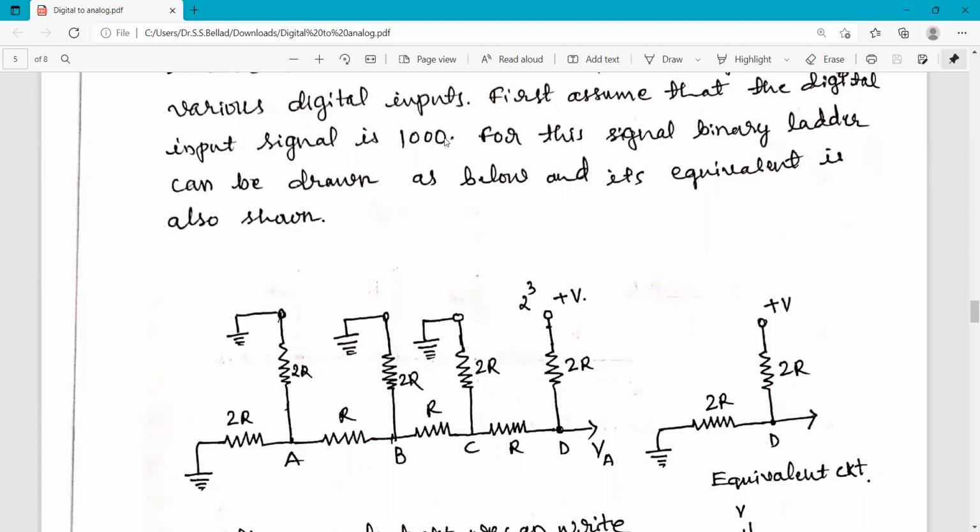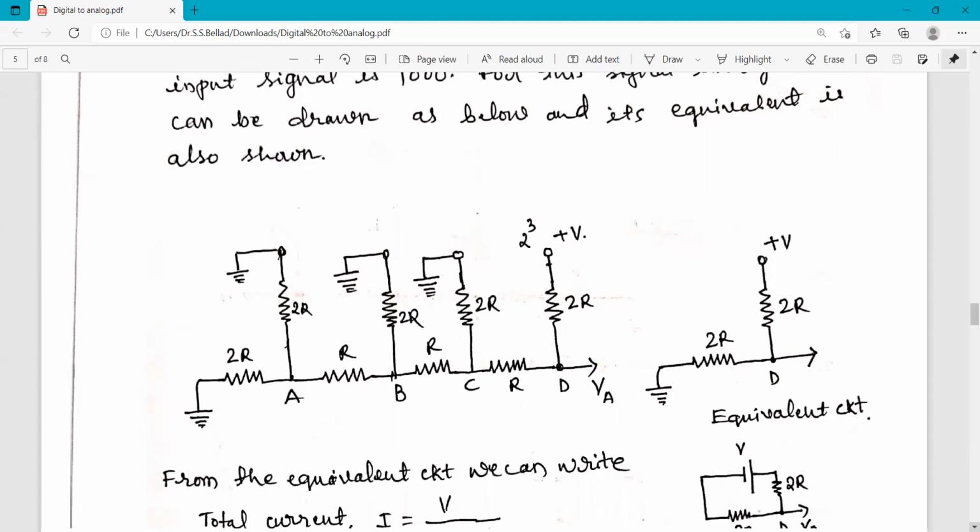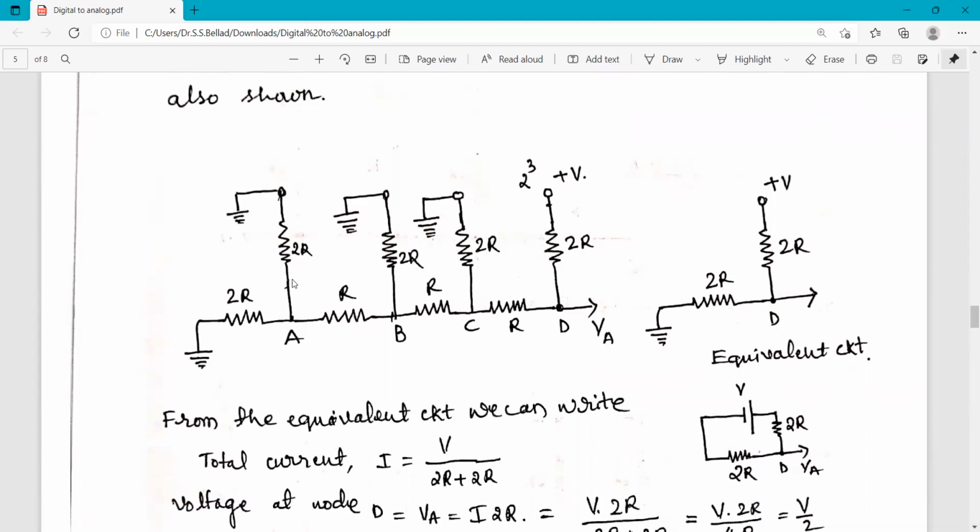So these 000 mean they are grounded. Look at this diagram. This is the 2 raised to 0 input bit, but it has a value 0. That means it is not connected to the voltage source. It is connected to ground. Similarly, the 2 raised to 1 position is also at a 0 level. That means it is not connected to the source. It is connected to ground.